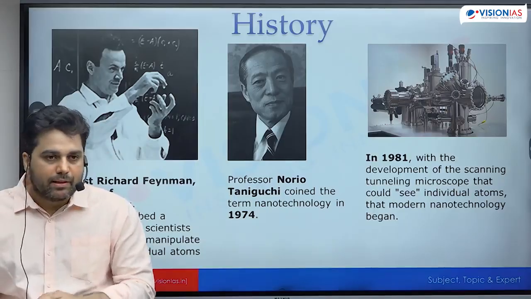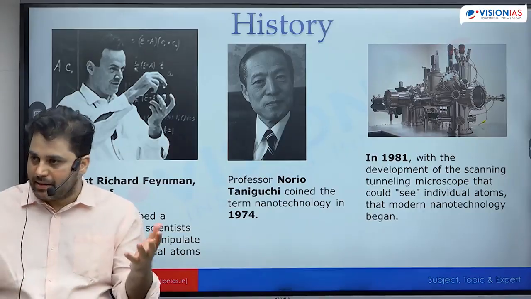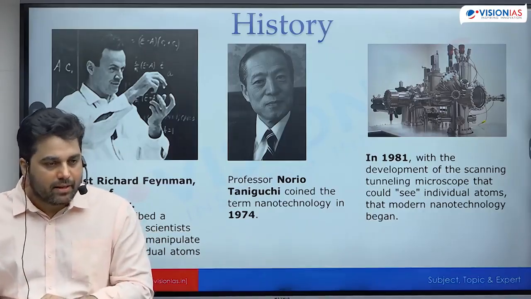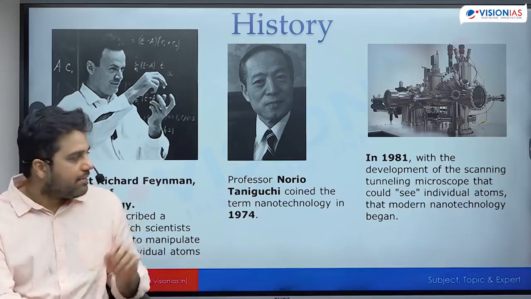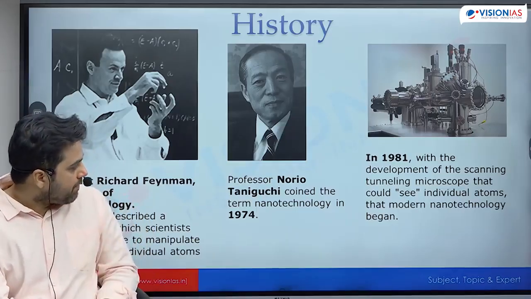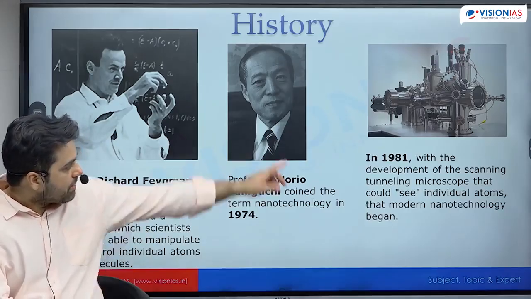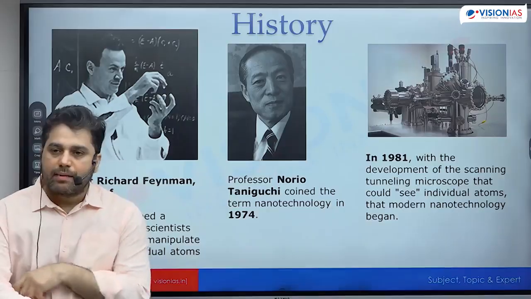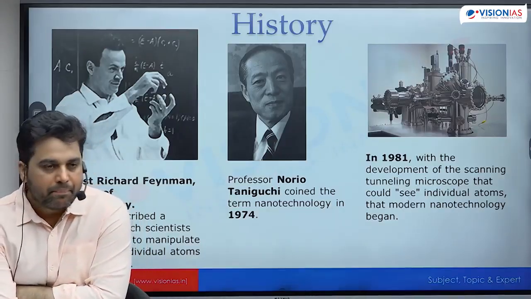Typical microscopes earlier used properties of light to magnify things, but now we use electrons also. A very specific type of microscope is called the scanning tunneling microscope. The picture which you see, that microscope is called the scanning tunneling microscope. Do not worry about the word.